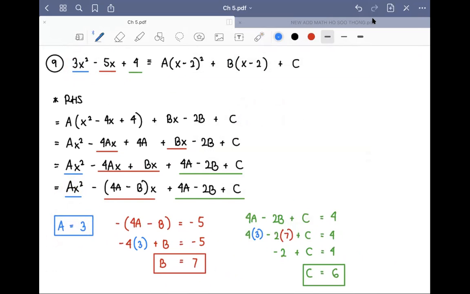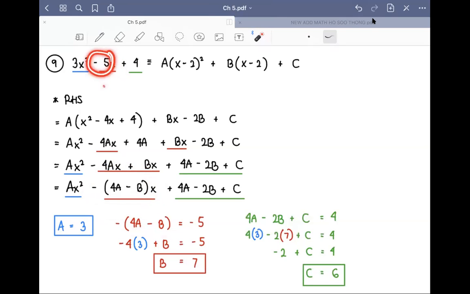Okay, and then how about b? Let's look at the other one. We have x here, and we also have x here. So we can compare. The coefficient of your x here is negative 4a minus b, this one, and that is equal to what? What is the coefficient of x here? It's minus 5.